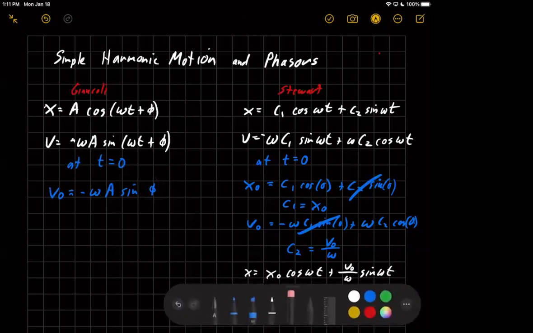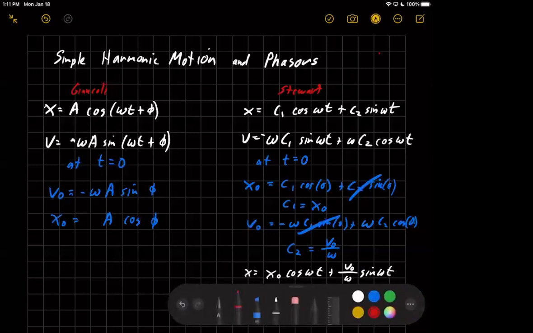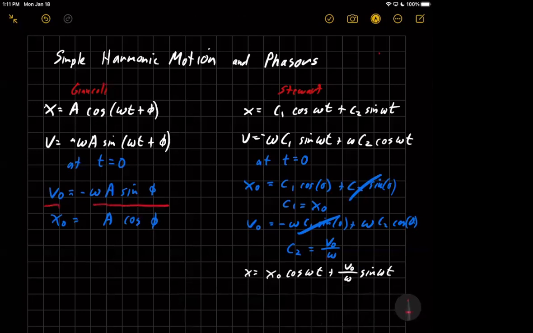All right. And if we do the same thing for x, we can say that x naught is equal to A cosine phi. Now, there's a reason that I did the x second, and the reason is that we have a very nice division here. If we divide the two equations, we can say that v naught over x naught is equal to negative omega tangent of phi.